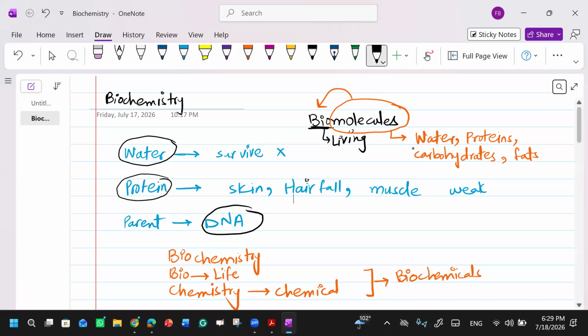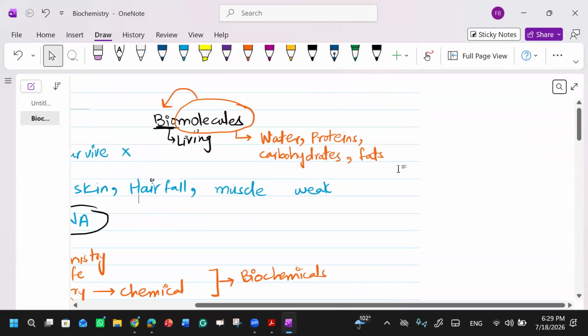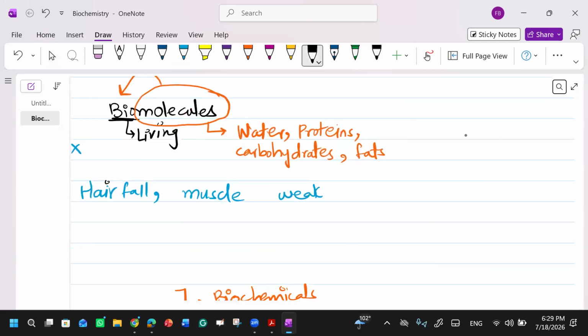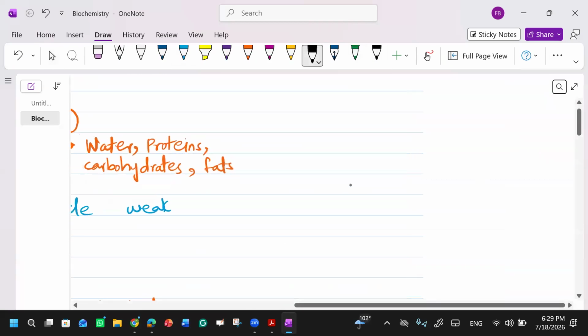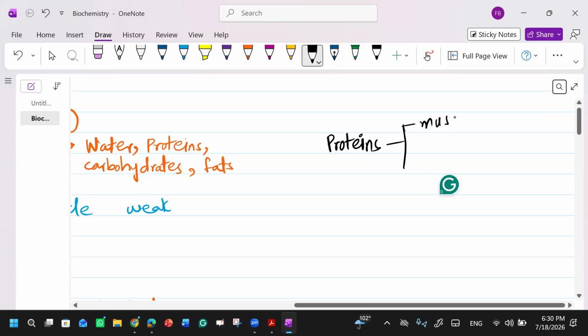The basic function of proteins is to make our muscles strong, right?